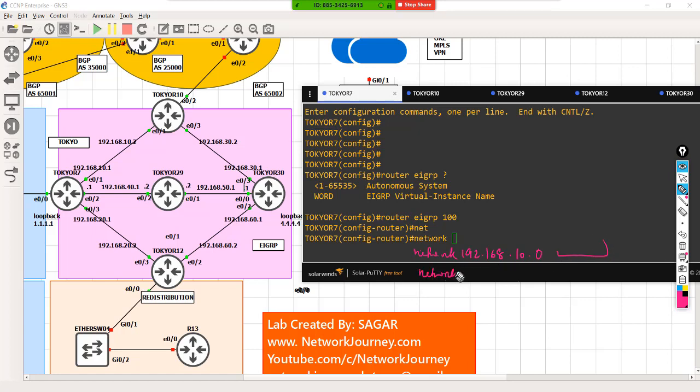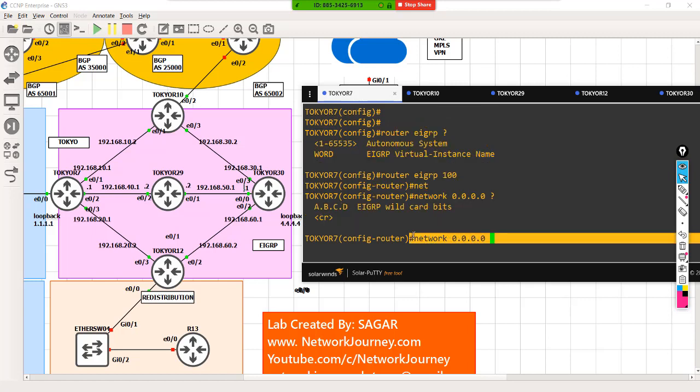I can make use of network 192.168.20.0 and the wildcard mask. Or just for simplicity, I can go with this statement, which allows all the networks. Since I'm just going with some basic configuration, I'll only put 0.0.0.0 as of now. That's nothing but advertising the whole network.